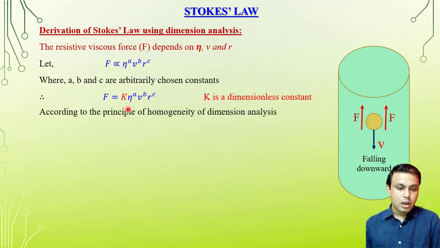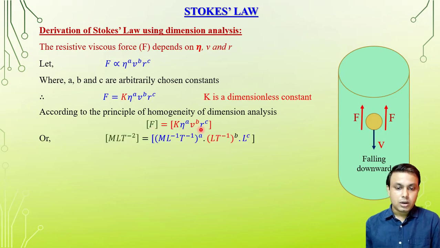Now, according to the principle of homogeneity of dimension analysis, the dimension of the left hand side will be equal to the dimension of the right hand side. So, dimension of F is equal to dimension of this quantity. The dimension of F is given by M L T to the power minus 2. K is dimensionless, and dimension of eta is M L to the power minus 1 T to the power minus 1.